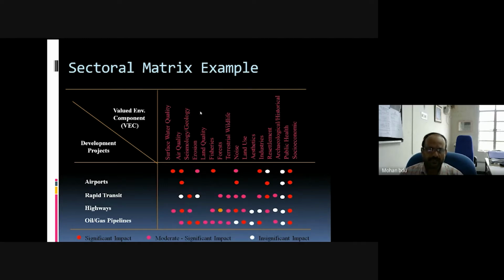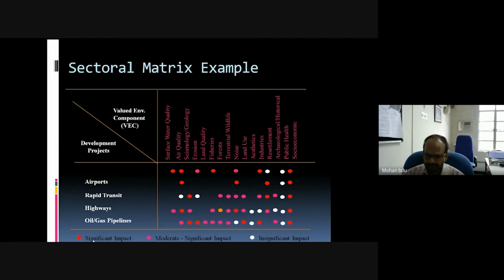Here, for example, you can see the development projects like airport, rapid transit, or highways, or whatever it may be, on this side, whereas you can see the impact of these projects on the environmental components or attributes like surface water quality, air quality, land quality.